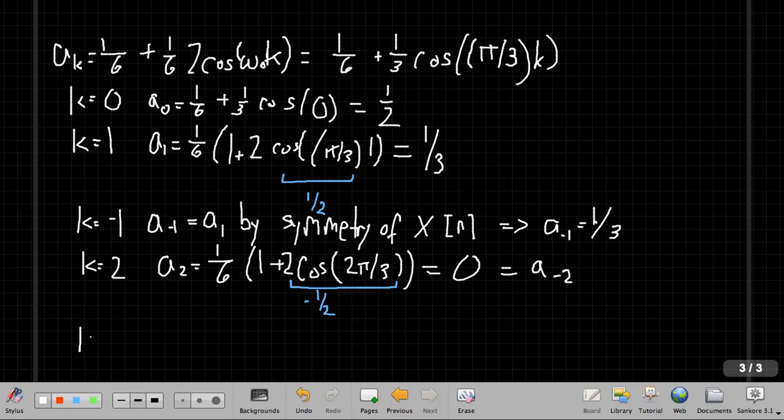And the last one, k equals 3. I get 1/6 times 1 plus 2 times the cosine. And if I put in k equals 3 up here, I have 3 times pi over 3. So that gives me a cosine of pi.